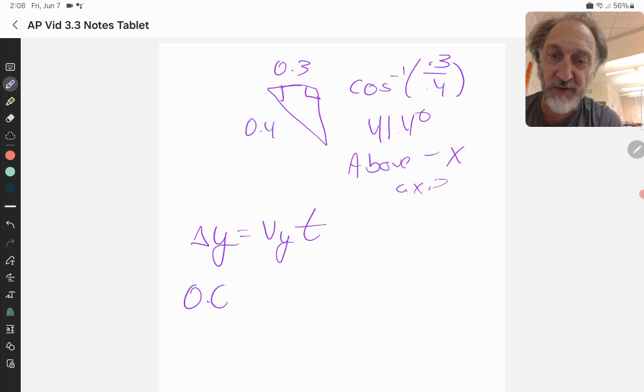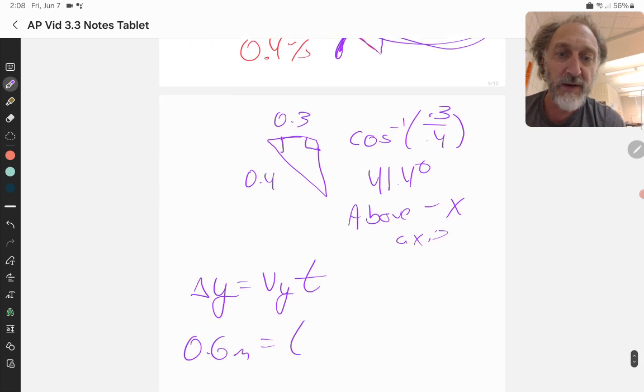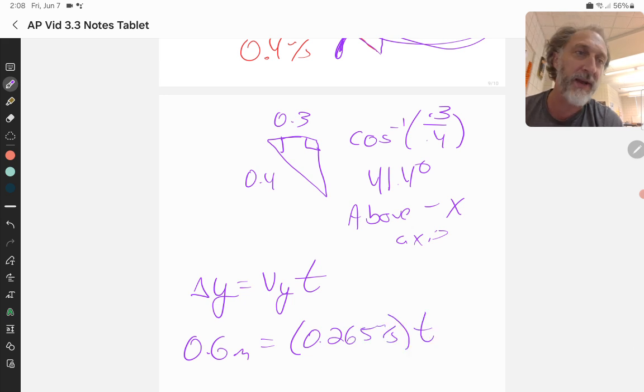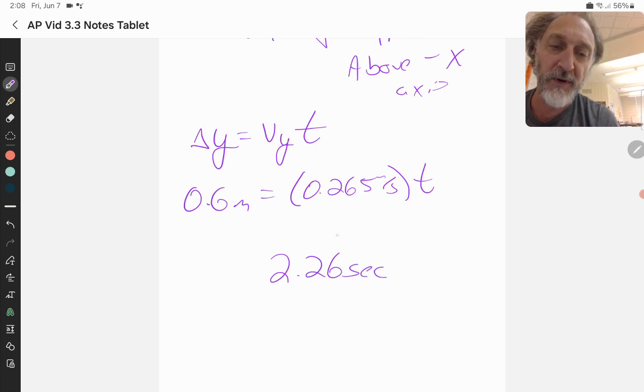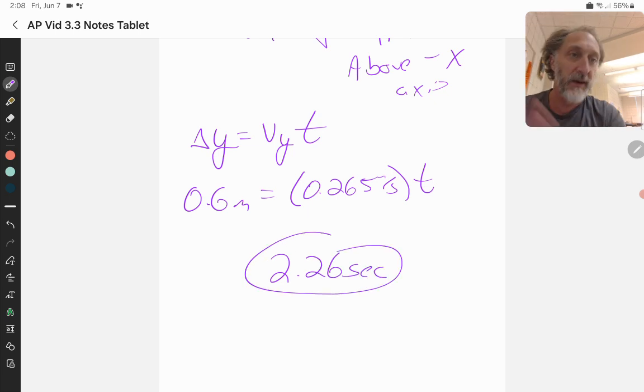So he needs to go 0.6 meters at a rate of 0.265 meters a second for some number of seconds. So divide both sides and you get 0.6 divided by 0.265, so you get like 2.26 seconds.